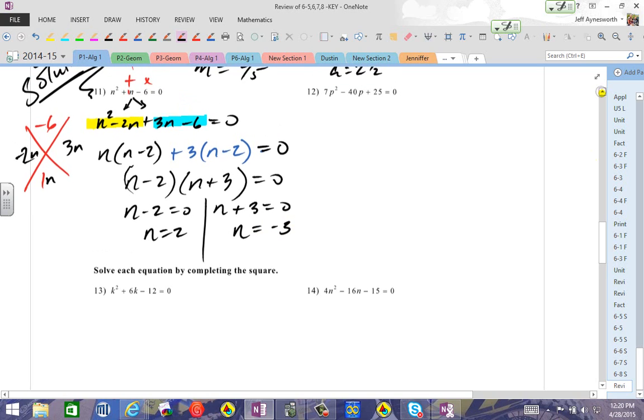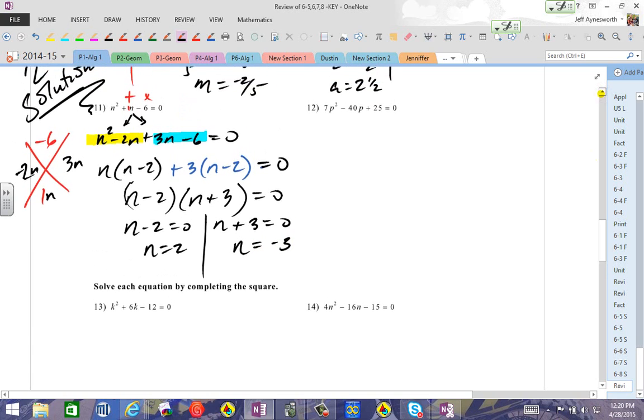All right, here we go. Let's play the factor game again. This time we have to multiply these two. So 7 times 25 is 175. What 2 numbers multiply to 175 and add to negative 40? Now this might be challenging, so let me give you a little suggestion.